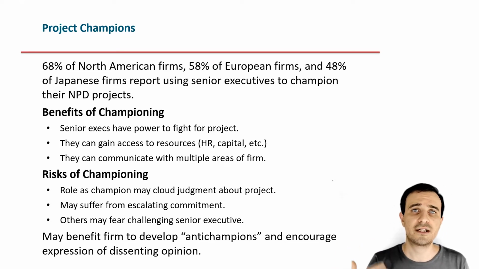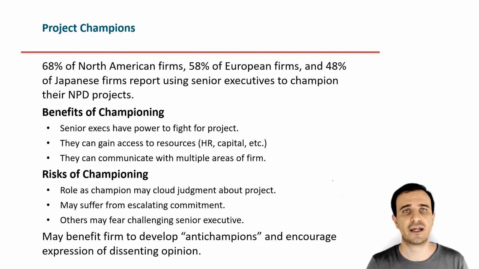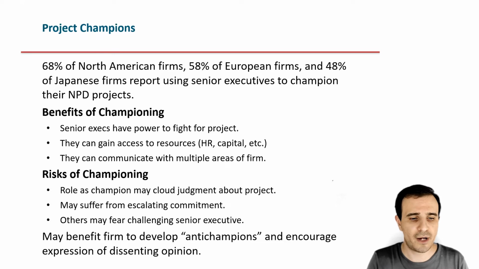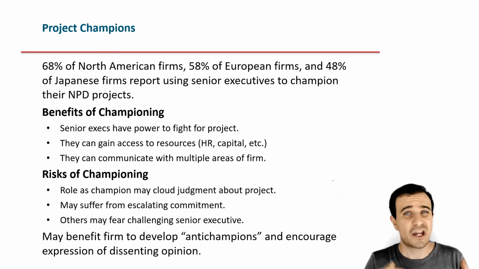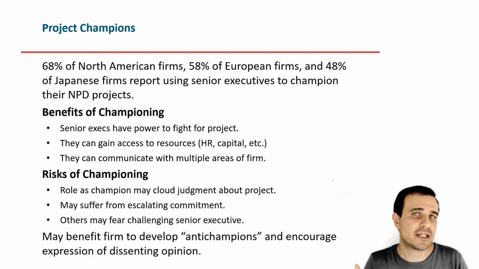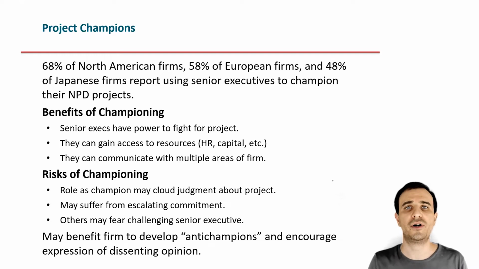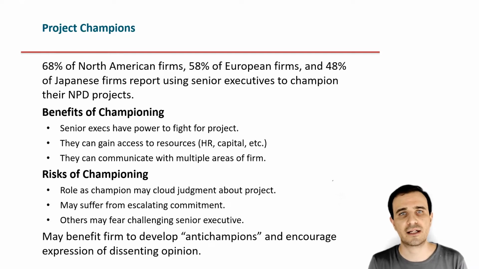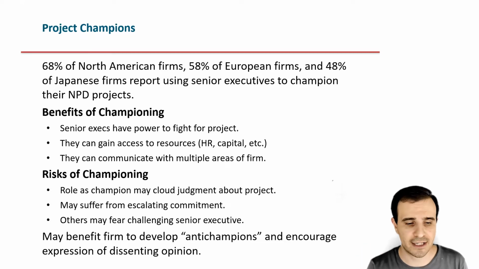Of course, senior executives already have strong power in the organization. Having this additional responsibility means that they will become more powerful, and so it could be that other people in the team will be reluctant to point out that the new product development is not going in the right direction.